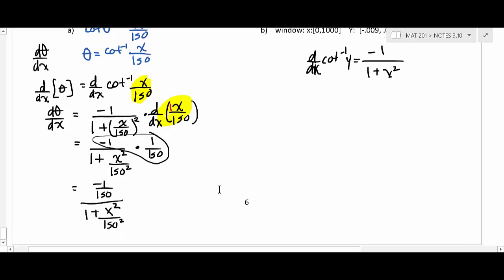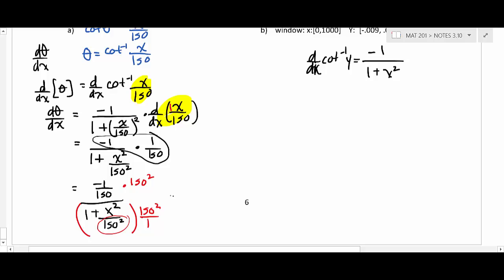Okay, then that'll get me in a form that I like that's pretty simple. Okay. All right, so if I want to get rid of 150 squared, well, what do you do? You multiply by 150 squared, right? So what I'm going to do is multiply the bottom by 150 squared, and then I have no choice but to do the same to the top. Okay, that's a complex fraction. Your job is to get rid of the fractions.